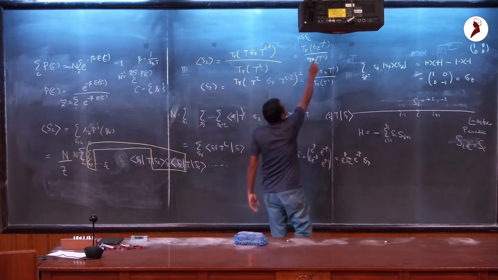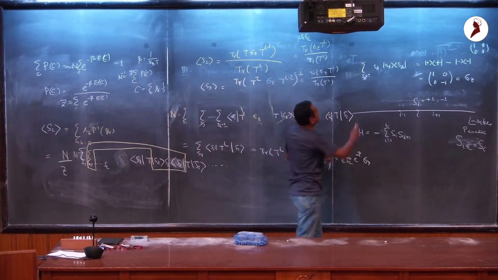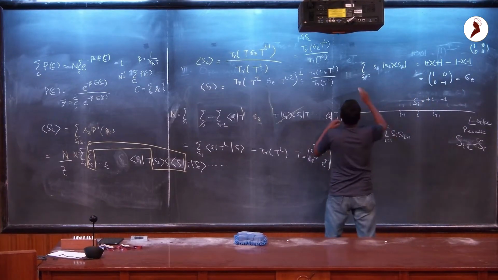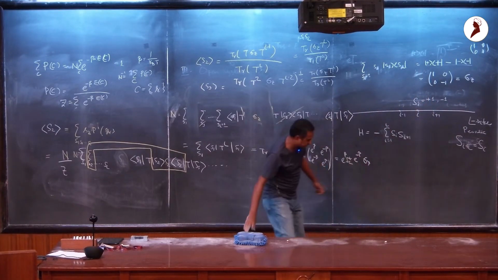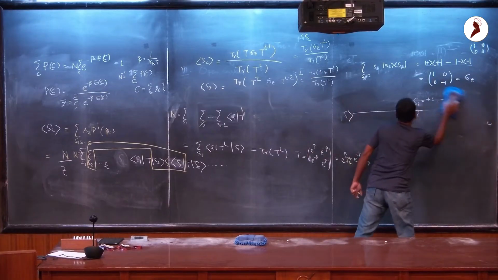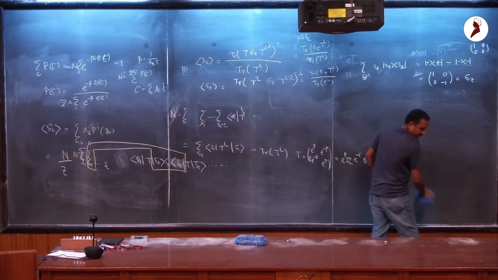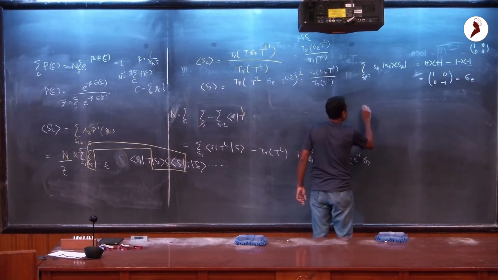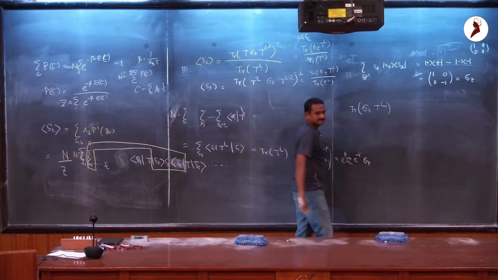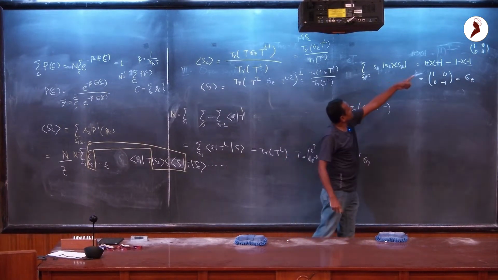Okay, so what is the trace of sigma z T to the power L? You know that sigma z is plus, plus, plus, minus, minus. So let us calculate that. This is what you want to calculate. So sigma z equal to plus, plus, like this.